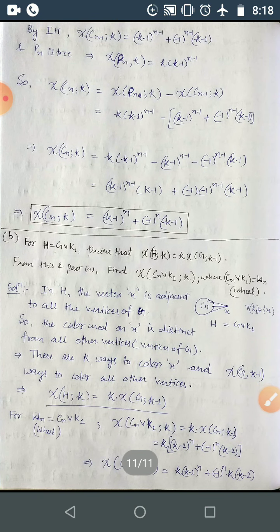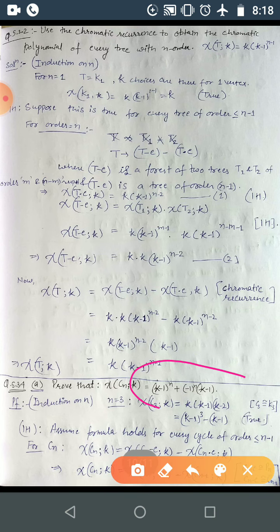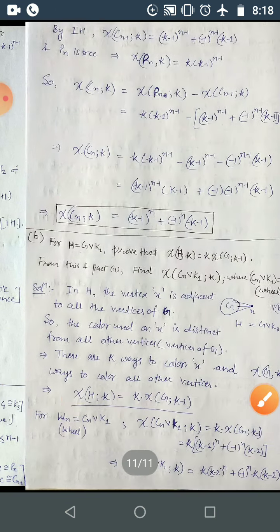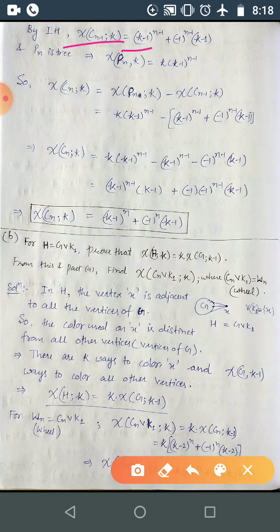Now by the induction hypothesis, we know that up to order n minus 1, the result is true. So just put in this result n equal to n minus 1, and you will be getting the chromatic polynomial for Cn minus 1. So after putting n minus 1, (k minus 1) raised to power n minus 1 plus (minus 1) raised to power n minus 1 into (k minus 1).